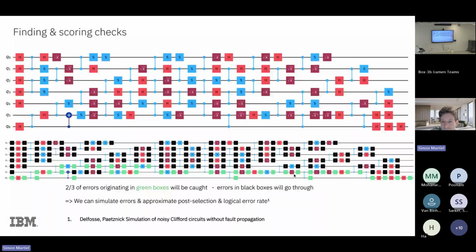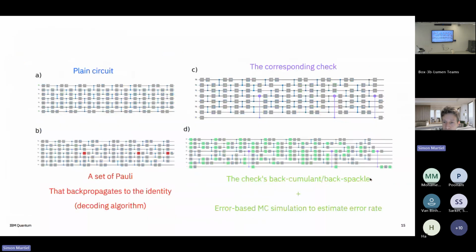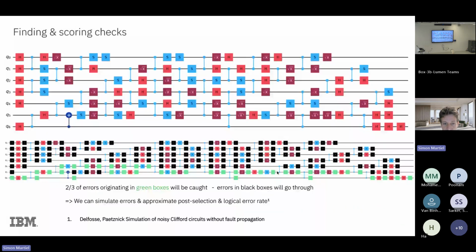And once I added this extra ancilla and the extra gates, I can actually easily compute what are the errors that are caught by this check, because I know that I will need to measure the Z operator at the end of Q6 here, because this is my check qubit. And I can back propagate my Z operator through the circuit, and all those green boxes here will correspond to locations where the check acts non-trivially and will basically catch errors.